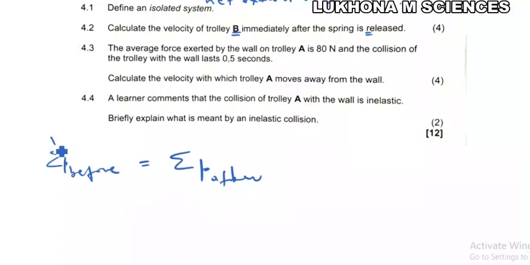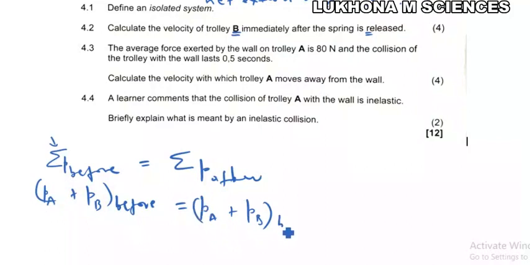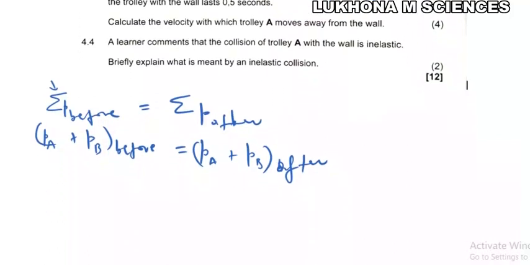Now this sign says you must add the momentum. We have two objects, which means we are going to add the momentum of object A plus the momentum of object B before the spring is released. Then finally we have the momentum of A plus the momentum of B after the spring is released.